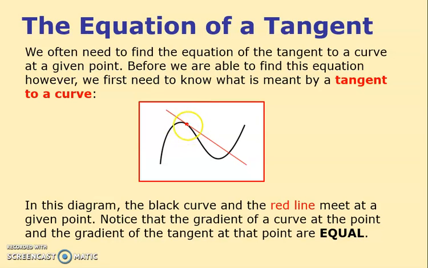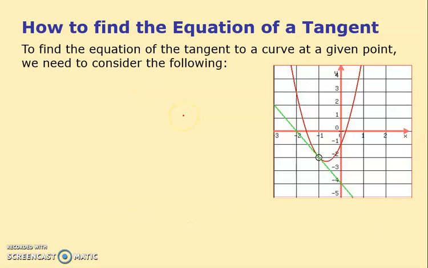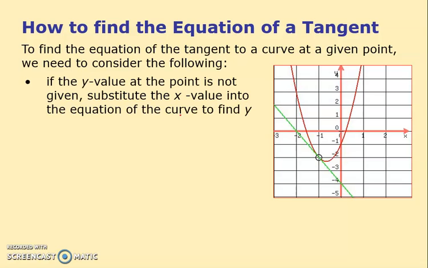The tangent and the curve have the same gradient at this point. The way we find the gradient of a curve is to find dy by dx, and dy by dx will tell me the gradient of the curve. That gradient of the curve will be the same as the gradient of the tangent at my point.